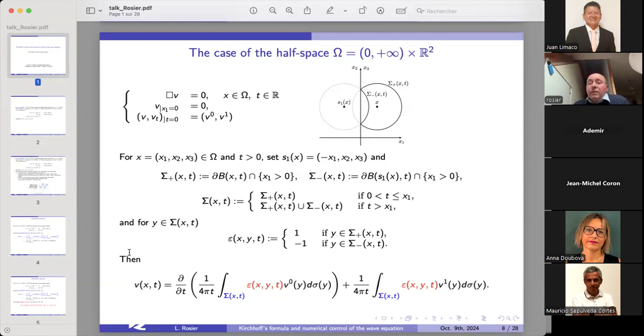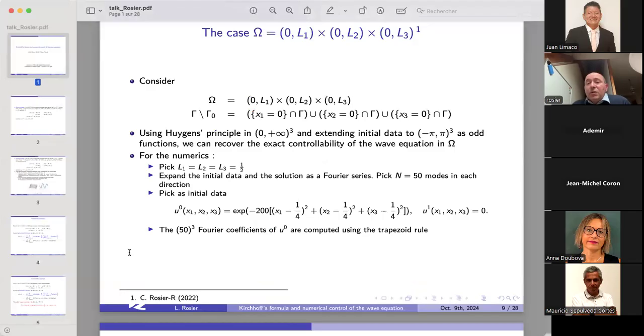And by using this formula and this principle, we can already obtain a good result in the case of a box in R3. So we consider the case where omega is the product of these three intervals. This is also the domain of the solution. And for the control, we will take three sides.